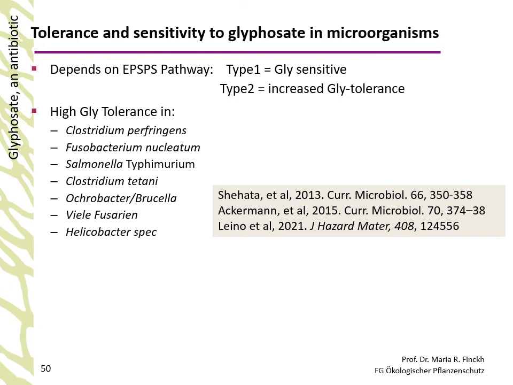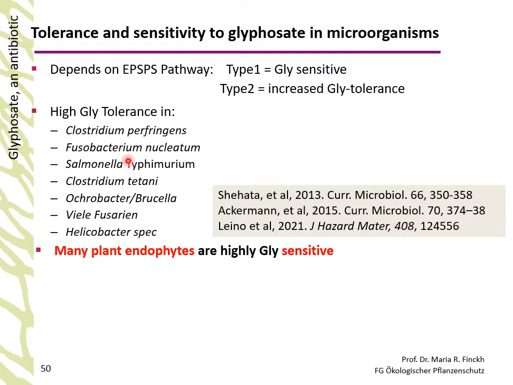And if we look at that, we find that we have high glyphosate tolerance in some really bad pathogens: Clostridia, Fusobacteria, Salmonella, Clostridium tetani, Orthobacter brucellosis, many Fusaria, and Helicobacter, which is the causal agent of the bacterial ulcers in the stomach. In addition, many plant endophytes are highly glyphosate sensitive.